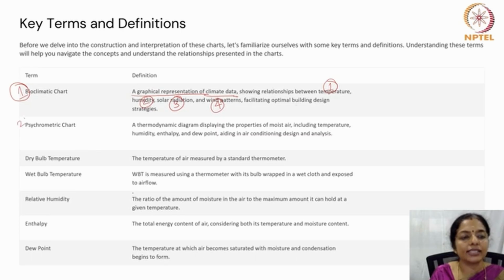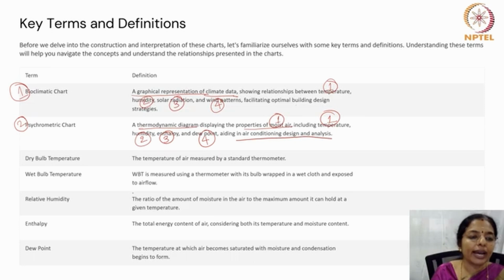The second is the psychrometric chart. So it is a thermodynamic diagram which displays the properties of moist air, including temperature, humidity, enthalpy, and dew point, aiding in air conditioning design and analysis.